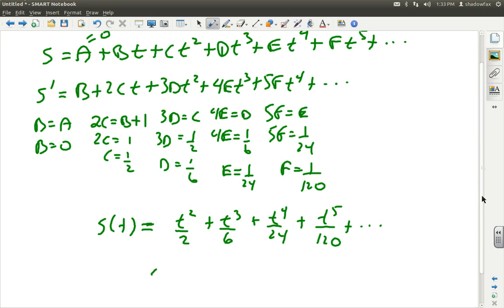This is the same as the Maclaurin expansion for e to the t, missing the first two terms. There you go. And again, you don't have to recognize the function. Okay, let's confirm this stuff on Sage. Here we go. Let's try this on Sage.